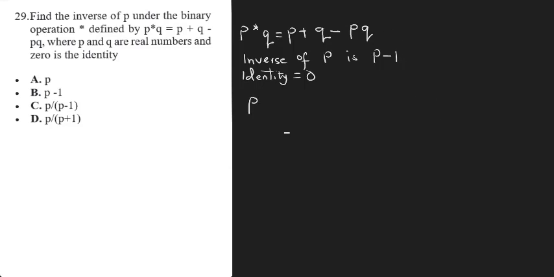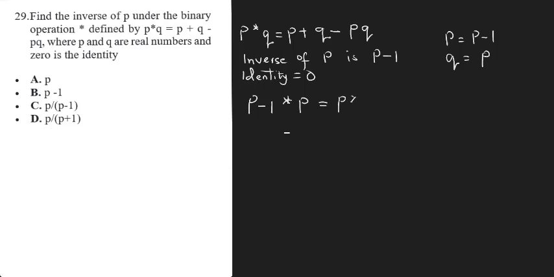We have P minus 1 asterisk P. Can you see? Since we know that P will now be P minus 1 and Q will be P under the inverse, they are commutative. That means P minus 1 asterisk P is the same as P asterisk P minus 1.